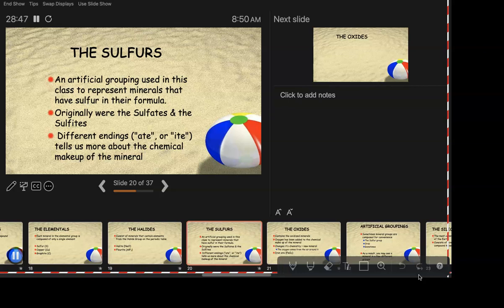Sulfur goes into the elementals because it is much more important that the sulfur exists just by itself than the fact that it happens to be sulfur, if that makes sense. So sort of when in doubt, elemental trumps all, okay? It's fairly unique that it's able to stand on its own like that.